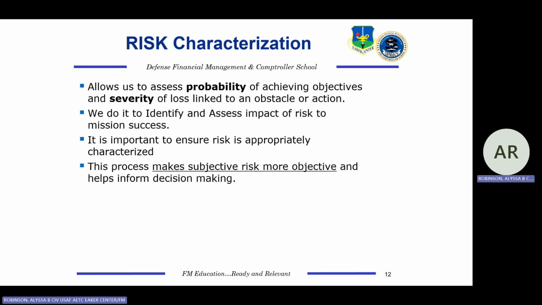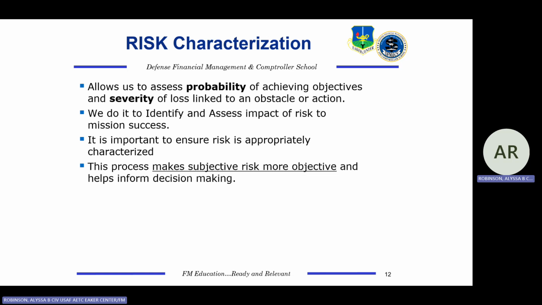So what we all just did is called risk characterization, and it is the process that allows us to assess our probability of achieving objectives and the severity of losses linked to an obstacle or action. We do this to systematically identify and assess impact to mission success.